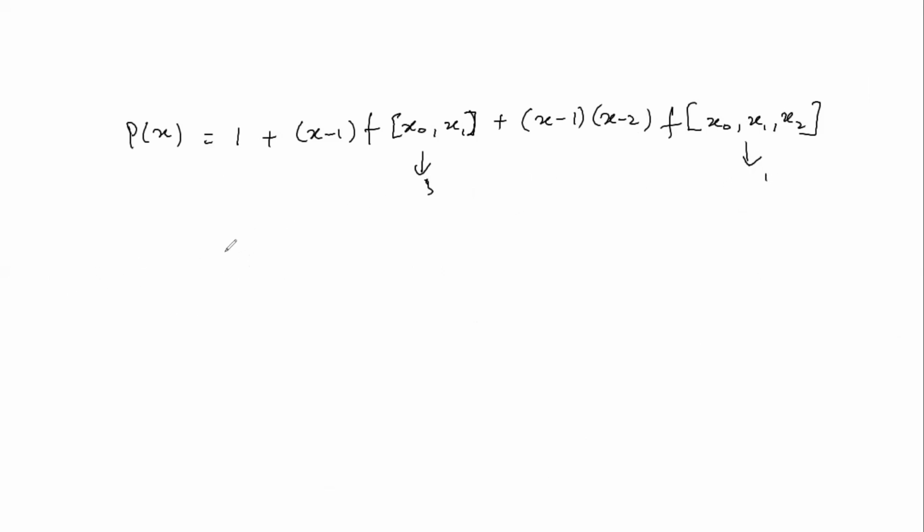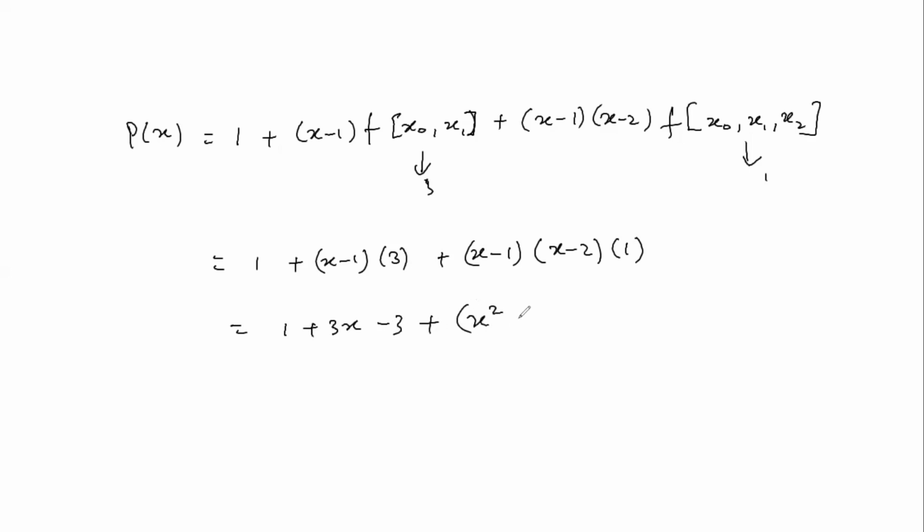So we now have 1 plus s minus 1 times 3 plus s minus 1 times s minus 2 times 1. And this will be the same as 1 plus 3x minus 3 plus x squared minus 3x plus 2. And once we resolve this, this knocks this off, and 2 knocks this off. So what we have is x squared. P of x is the same as x squared.